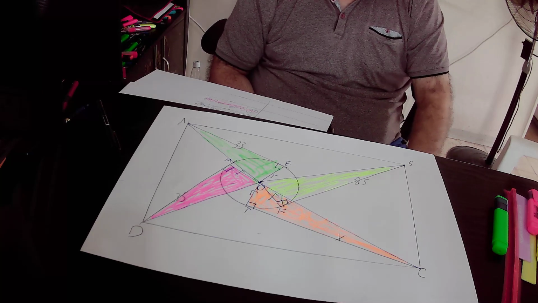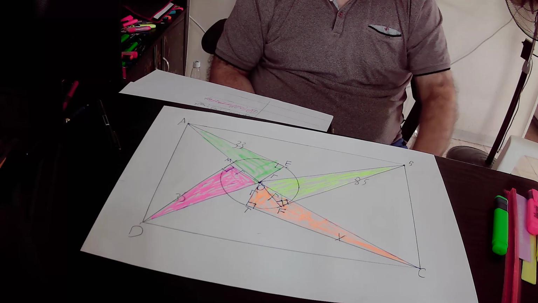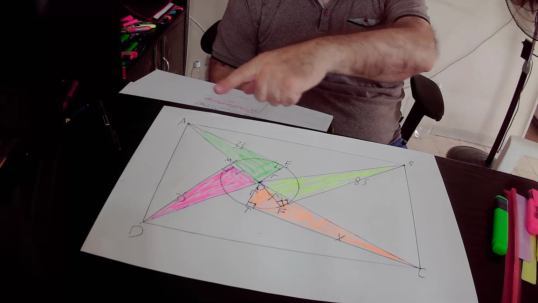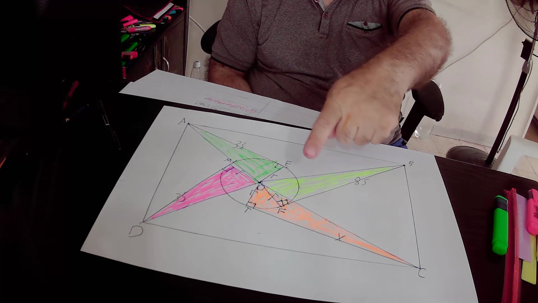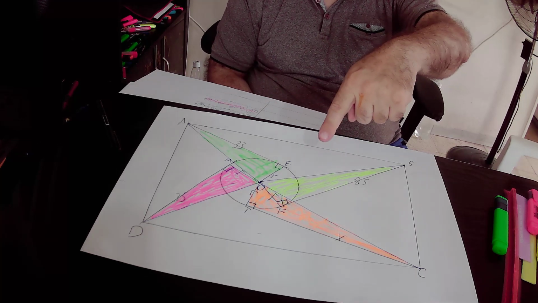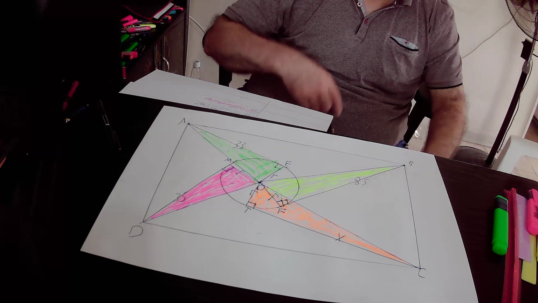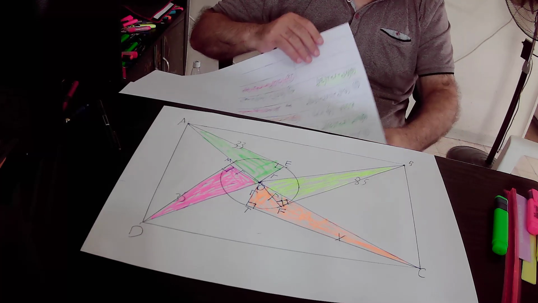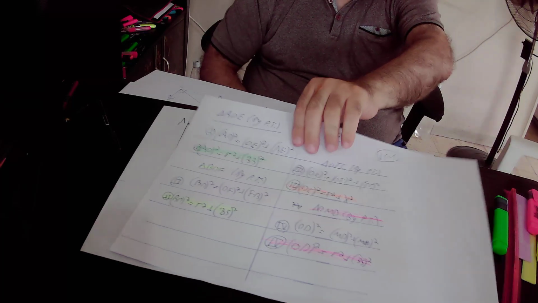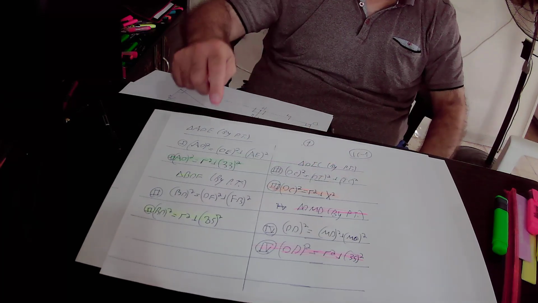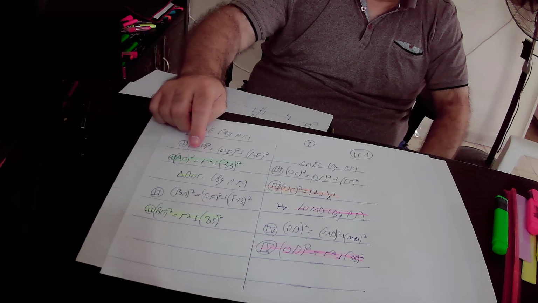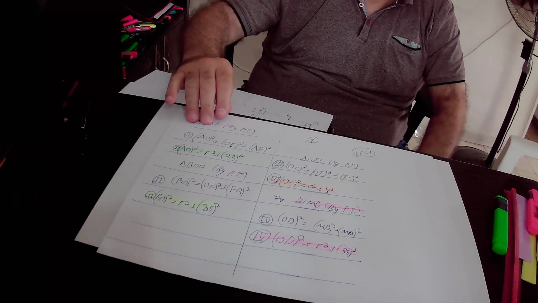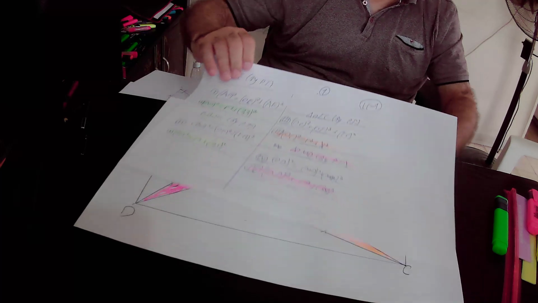So, we implemented the Pythagoras theorem on the green triangle AOE. According to the Pythagoras theorem, AO square equals OE square plus AE square.